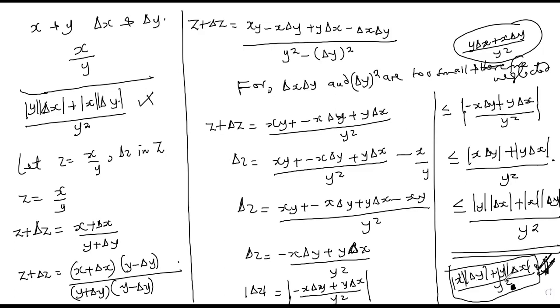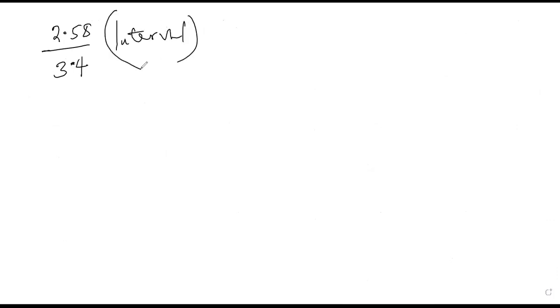Okay, teacher. Finally, let's do that final part. In the final part, they want us to find the interval within which the exact value of 2.58 out of 3.4 is expected to lie.